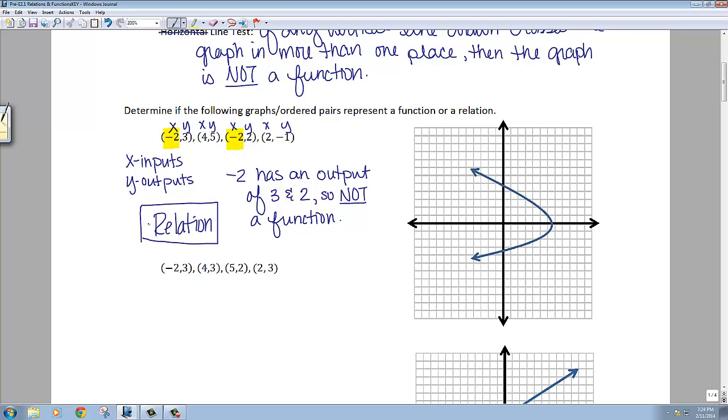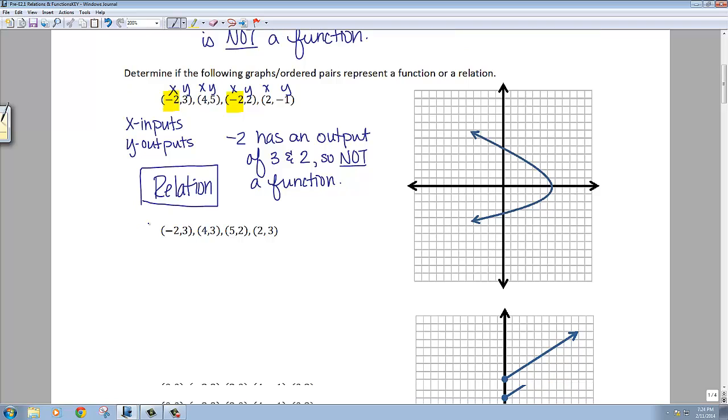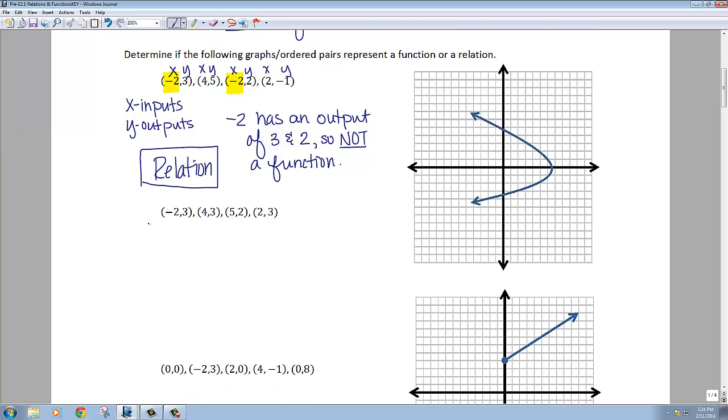Okay. Let's go ahead and look at the graph to the right. If I look at the graph to the right, I don't want to write down every single ordered pair because notice it has arrows, so that means it keeps going and going and going. But the way that I can test to see if it's a function is I can draw a vertical line. If I draw any vertical line, notice here it's hitting once and twice. So if it hits more than once, then that means it is not a function.